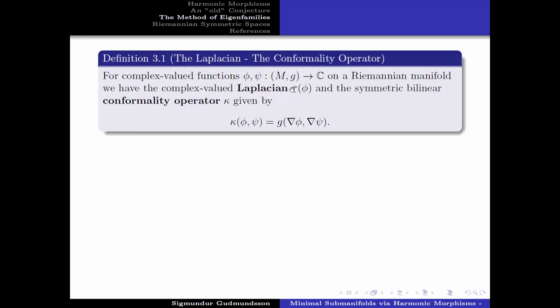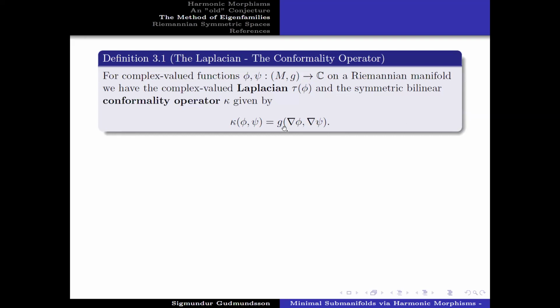In harmonic map theory, we often write it as tau for the tension field, but this is just the Laplace-Beltrami. And then what fits our problem is this. You see that phi and psi are complex valued. That means that these gradients are also complex valued, yeah?